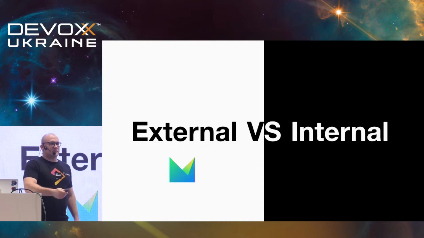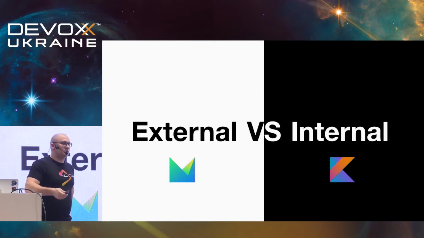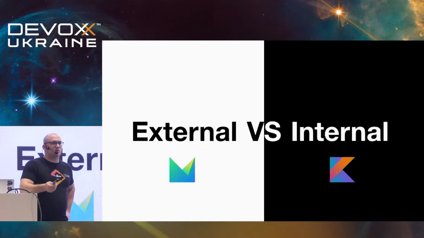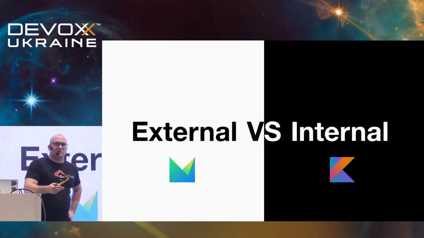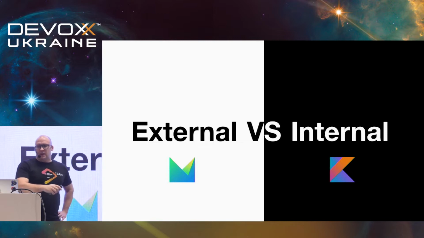Or internal DSLs, where it depends on the host language, like Scala, Kotlin, Groovy. And it's actually not fair to call them new languages, because it's the syntactic sugar of the host language, and it depends totally on the host language to provide the features, right? You cannot really implement a new feature of the language, because you depend on the host language.